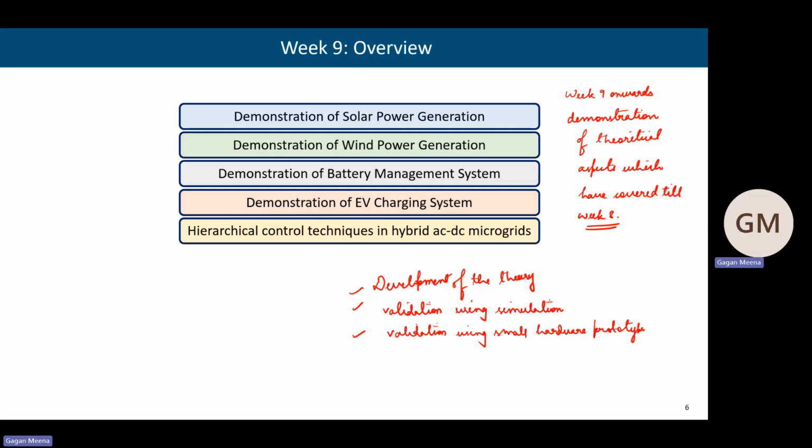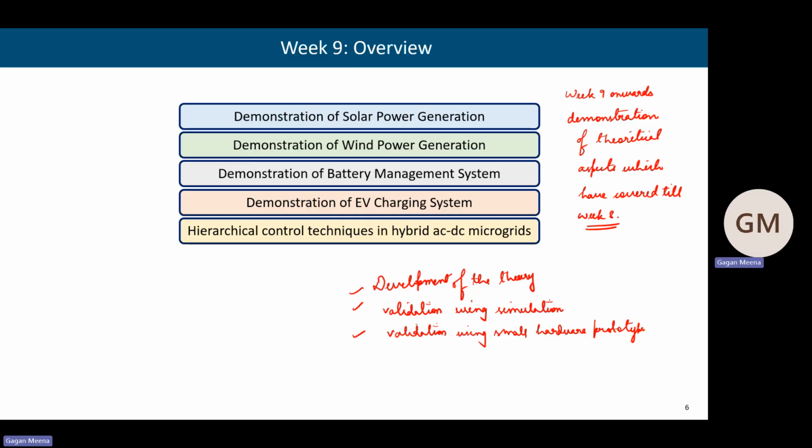But validation using simulation is not sufficient, because there are many practical aspects involved when we try to do that same simulation on a hardware prototype.